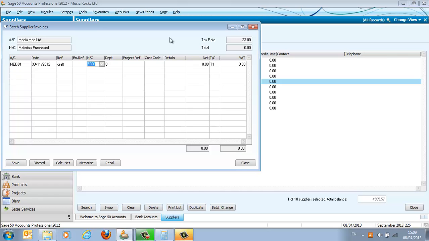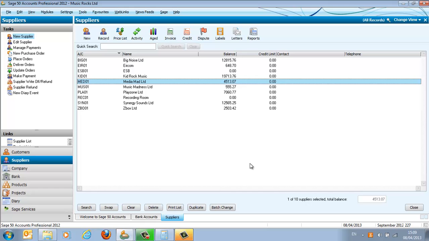Now, very important, you must change the nominal code from 7000 to 7901, bank charges. Department blank, project reference blank, cost code blank, details: bank fees or bank draft fees. 750 is the amount, bank charges, no VAT, T9. You save that. Close.